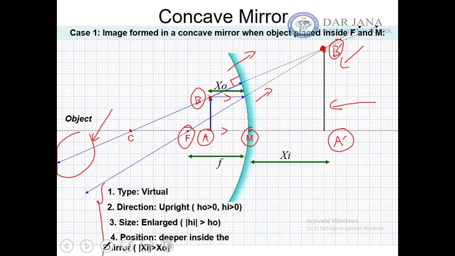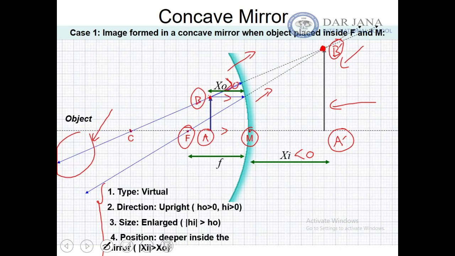Xi in this case will be less than 0, meaning negative, since it's inside the mirror. Xo, which is the distance between the object and the mirror, will be positive, greater than 0. That's why the type is virtual, since xi is negative and the image is inside the mirror.